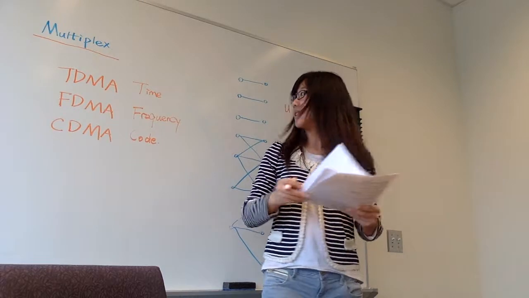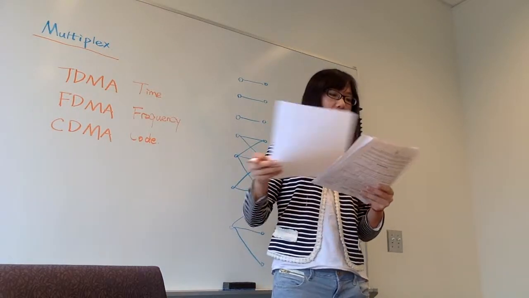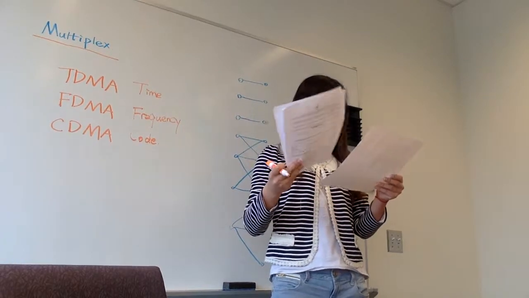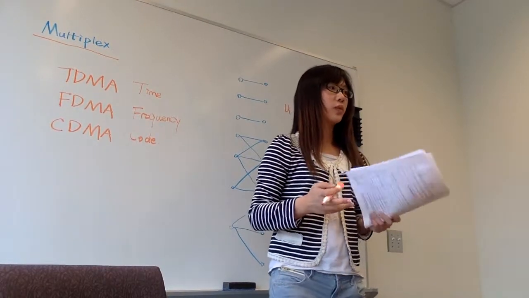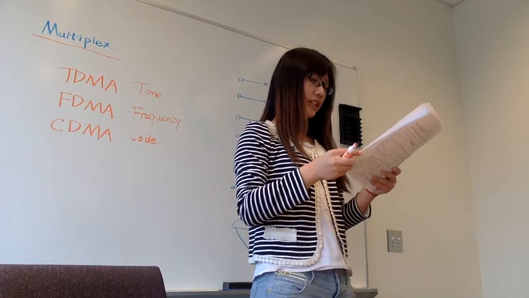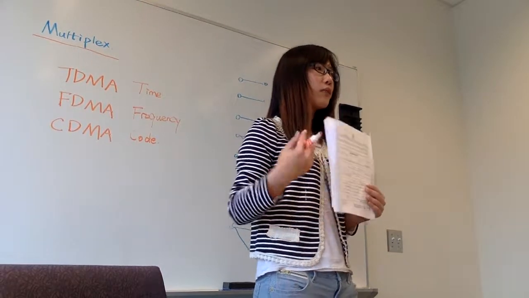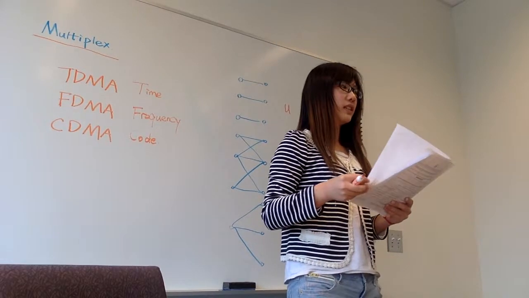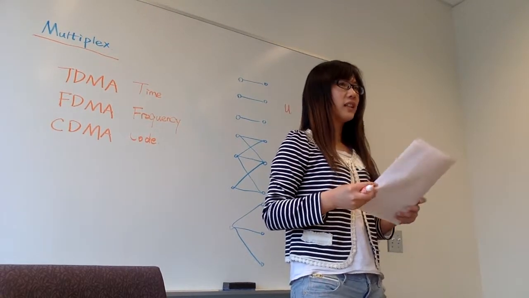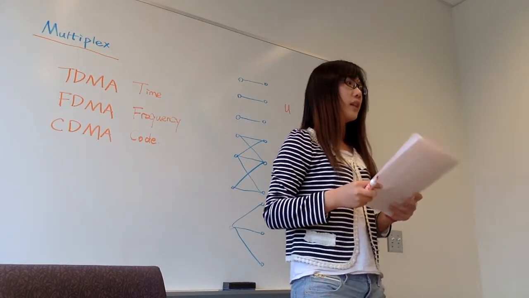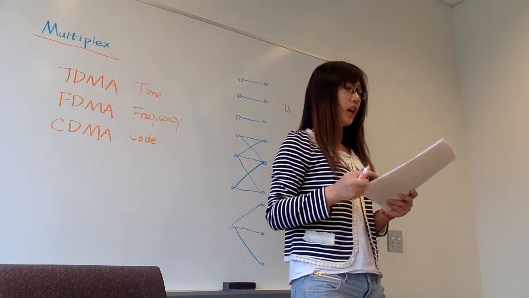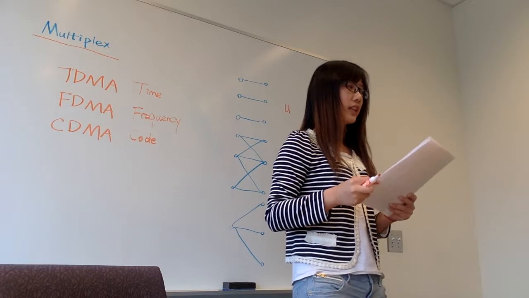The first one is TDMA. Actually, I can give a very vivid example here. Suppose that in this classroom, everyone wants to talk with each other, to say something, let's suppose in secret. But the objective is to make sure that the one you want to talk with can hear you very clearly.